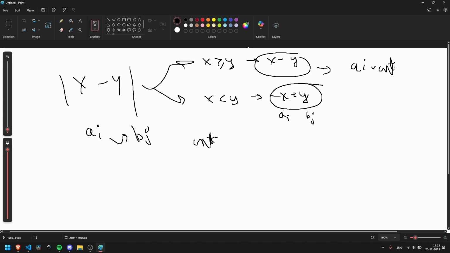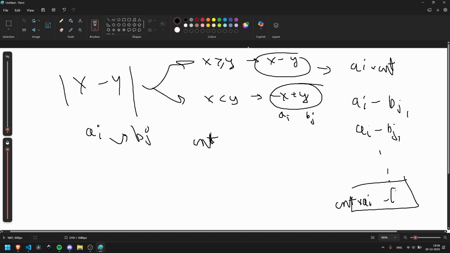We multiply it because basically this will be like ai minus bj1, ai minus bj2, and so on, for all bj's which are less than or equal to ai. If we collapse this equation, this just becomes cnt into ai minus the sum of all bj's less than or equal to ai.